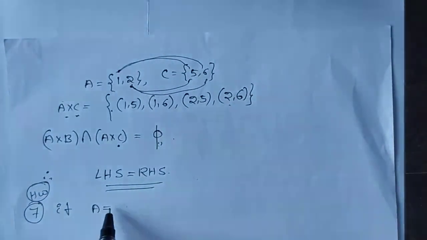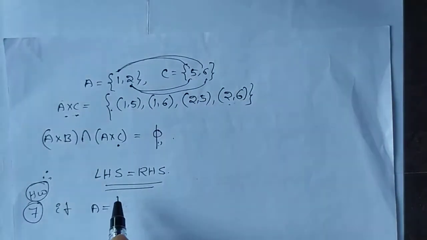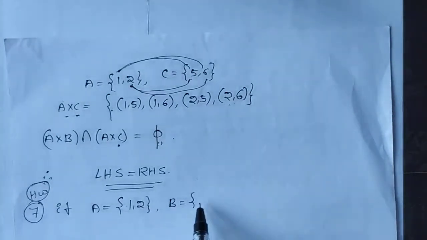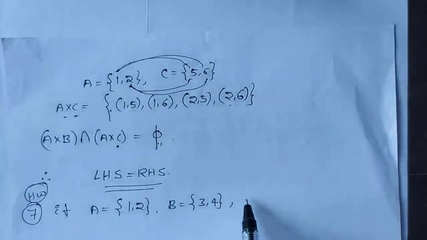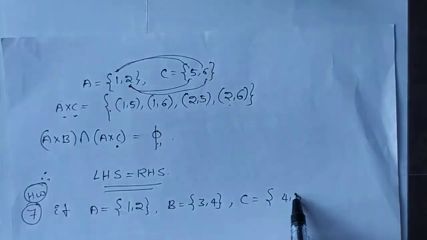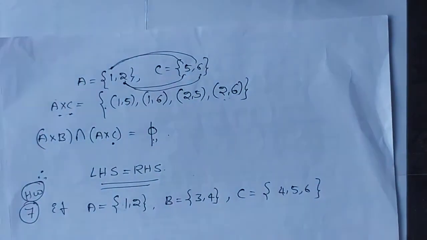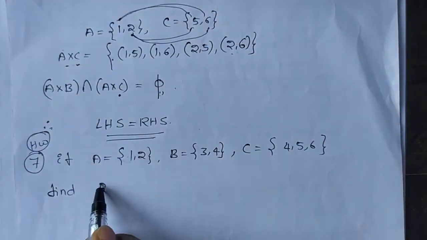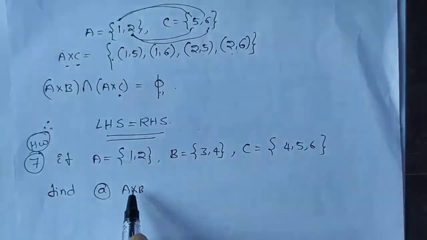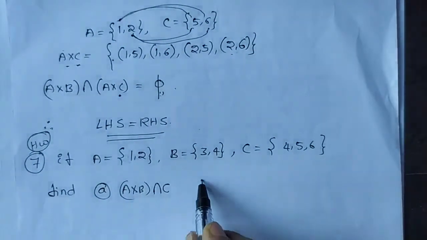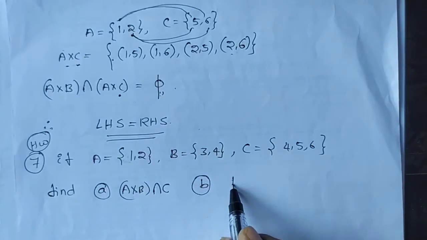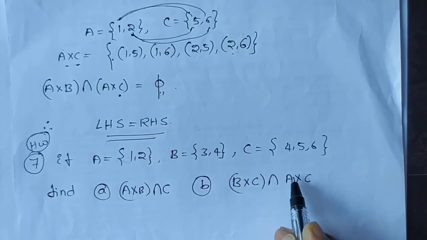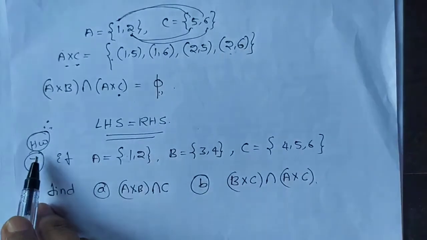If the set A equals 1, 2, B equals 3, 4, C equals 4, 5, 6, then find: first one, A cross B intersection C. Next, second question, B cross C intersection A cross C. It is a homework question for you.